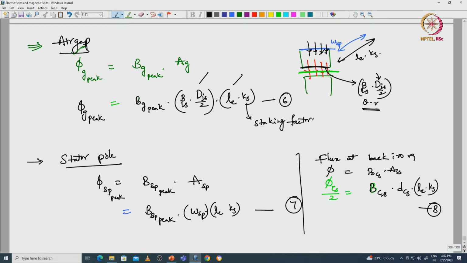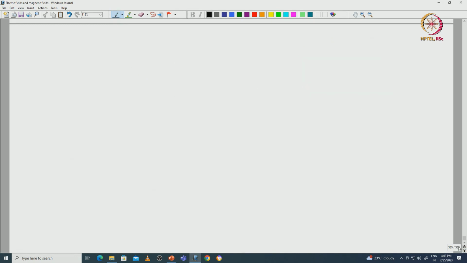equation number 8. So from equation number 6, 7 and 8, if we assume the flux value is the same, that is phi g peak equals phi CS peak equals phi SP peak.